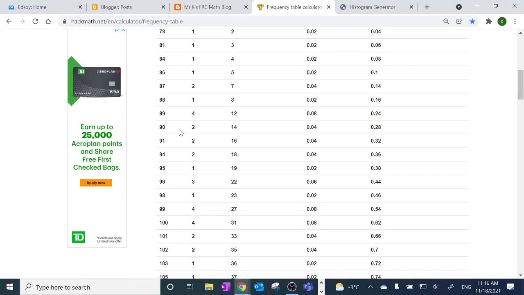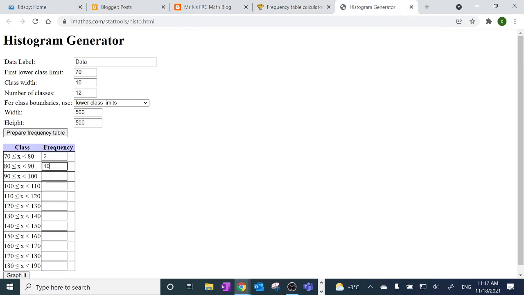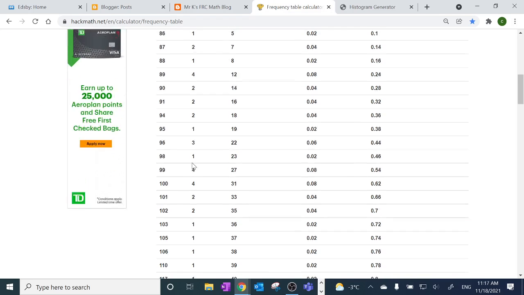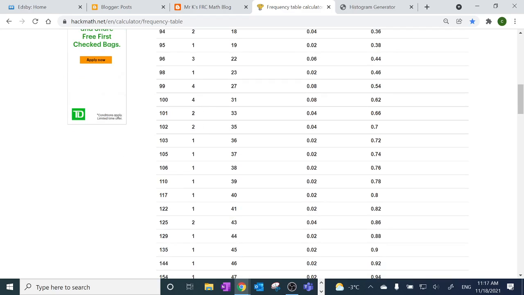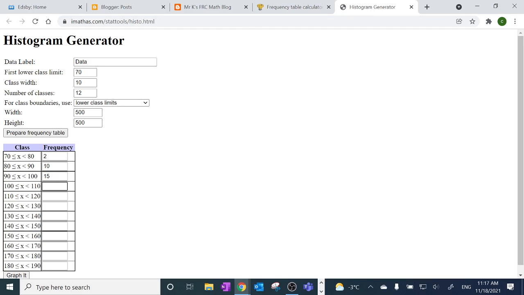You could do this by hand, but this is, I think, faster. 2, 4, 6, 7, 10, 11, 15. 15 goes in the 90s. Right? How many in the hundreds before you get to 110? 4, 6, 8, 9, 10, 11. So 11 goes here.